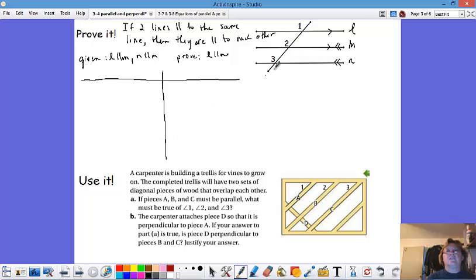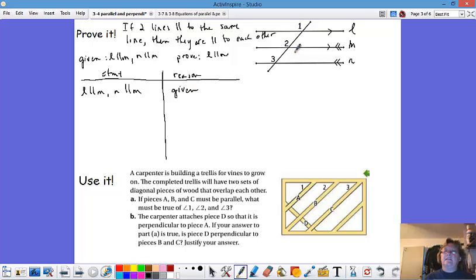I think we can show, because of parallel lines and corresponding angles, why this must be true. So let's set that into writing here. L parallel to M, N parallel to M, given.